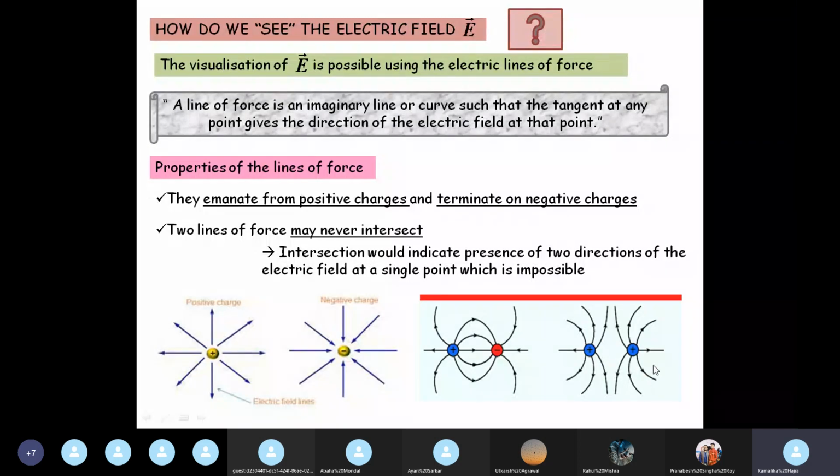Whereas if you have two like charges, I've given you the picture of two positive charges that are close together. From both the charges, the electric lines of force come out and go towards infinity. So they will never meet. So they will be repelling each other. So using electric lines of force too, you can explain why like charges repel and unlike charges attract.